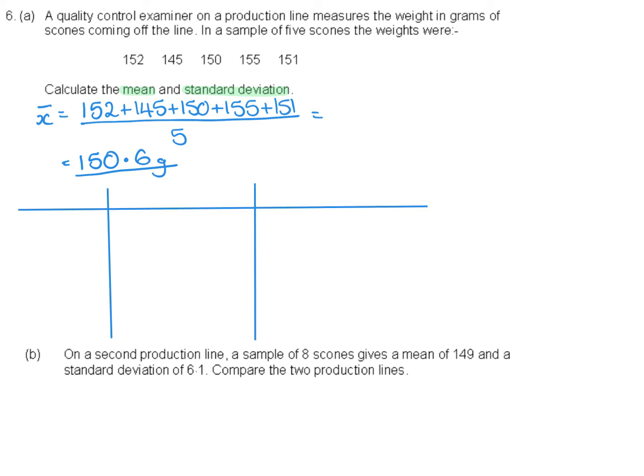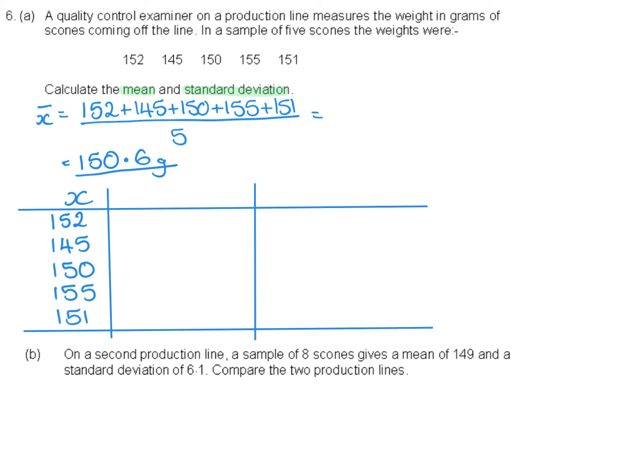So I'm starting to think about what needs to go into my table now so I can calculate my standard deviation. So remember, the first column is our values, which we call x. And our values, of course, are the 152, the 145, etc. So that's my 5 values in my table.